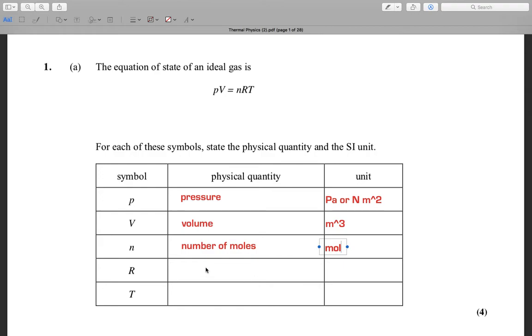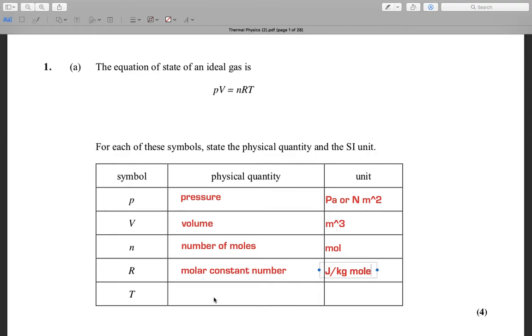Then R is the molar gas constant. The unit is joule per kilogram per mole.